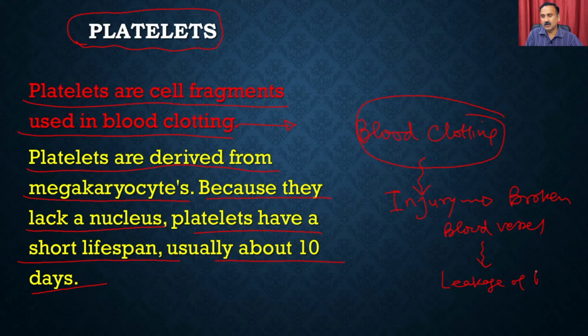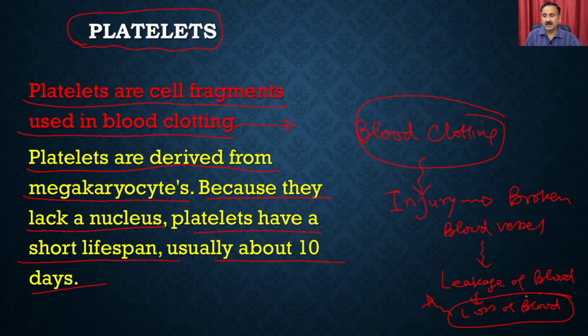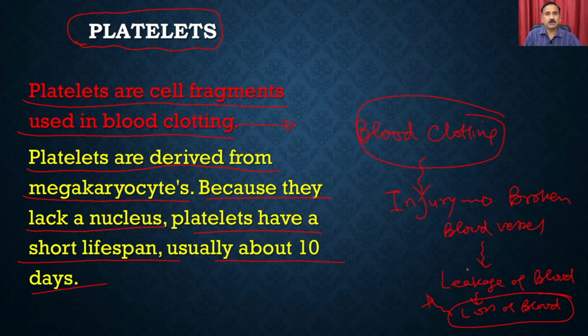The leakage of blood is going to be responsible for the loss of the blood, and the loss of blood is not good for the organism, because the loss of blood means you are losing the different types of proteins, all the important factors present in the blood, and more importantly, because the blood carries the nutrients as well as the gases, you are going to have the loss of that part also.